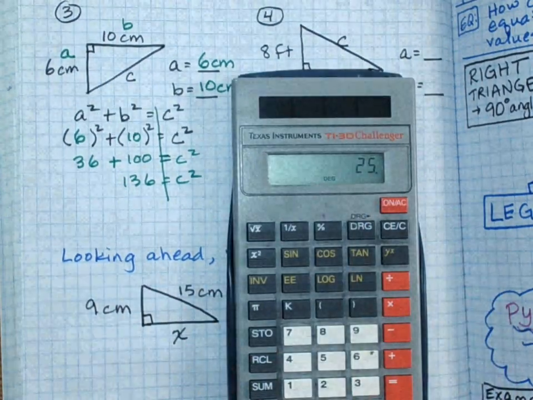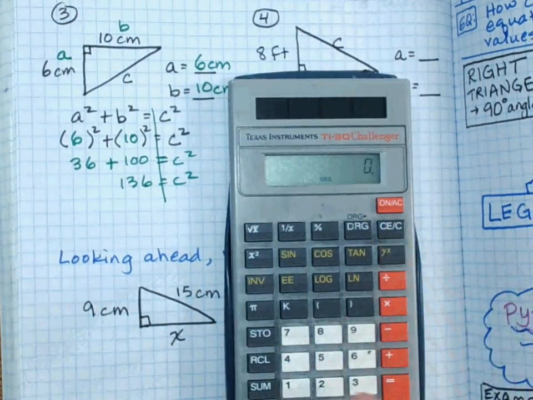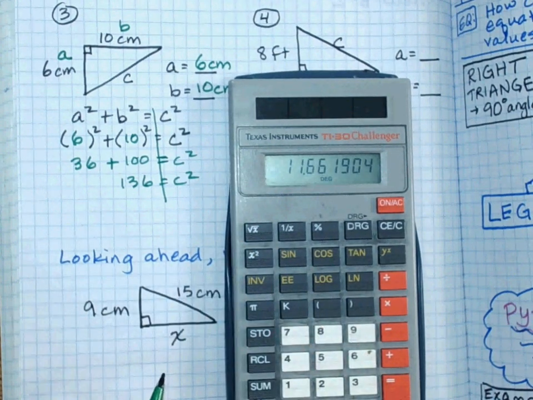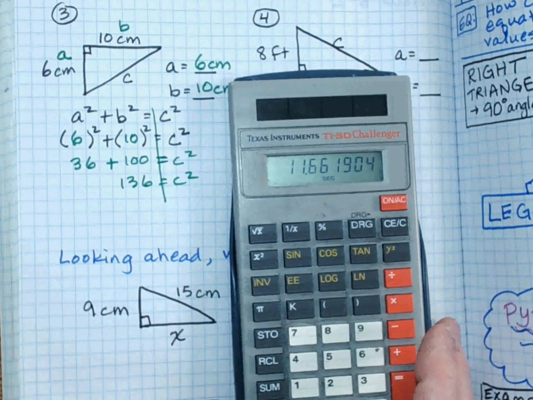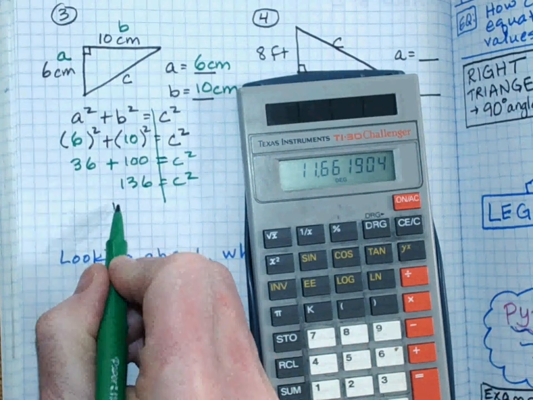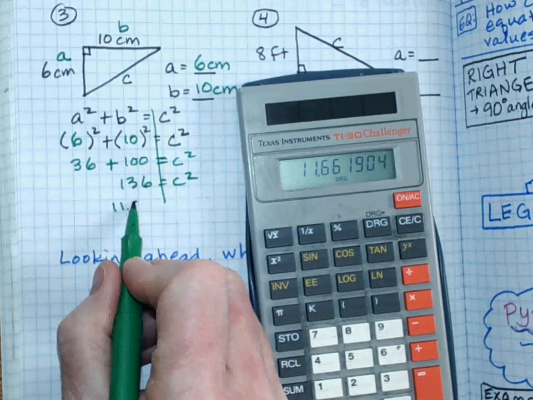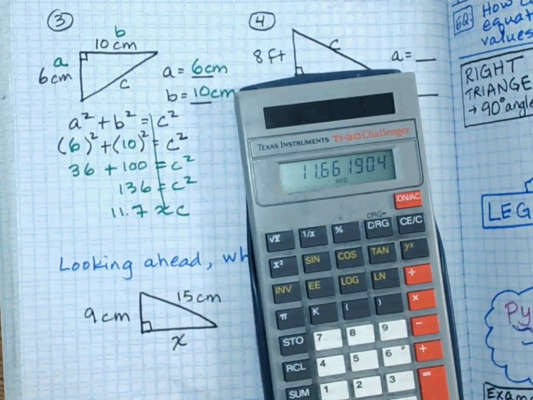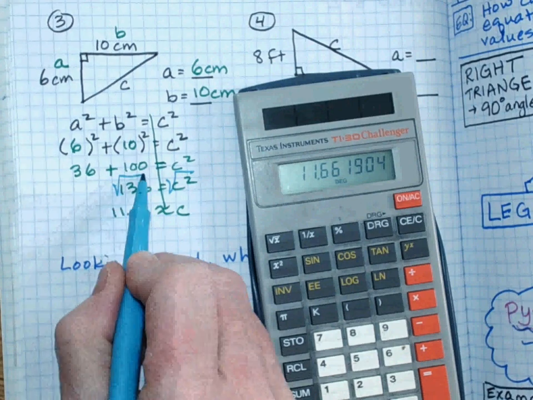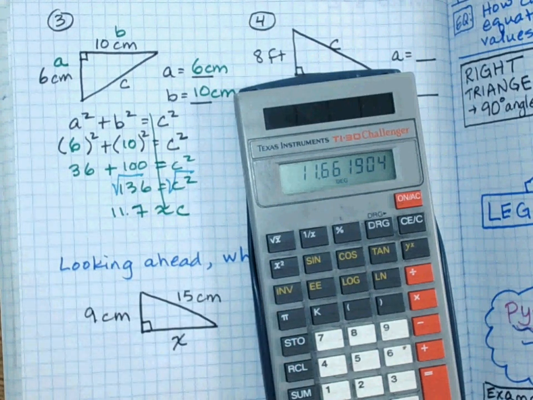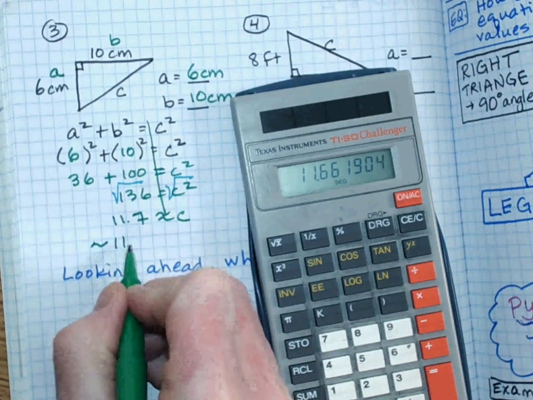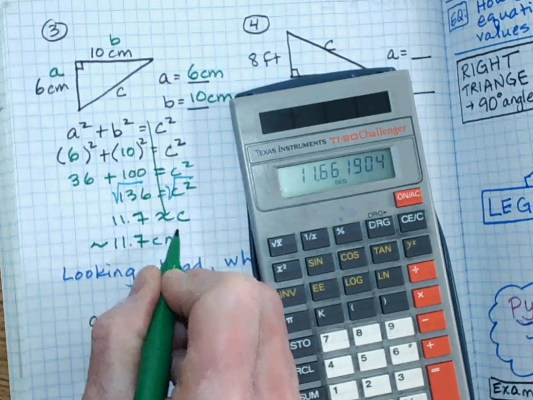When I put that in the calculator, the square root of 136 says is 11.6619. What we're going to do is just round it to the nearest tenth. I'm going to say 11.7 is approximately c. And we will show how we use the inverse operation, which is square root. So the answer is approximately 11.7 centimeters.